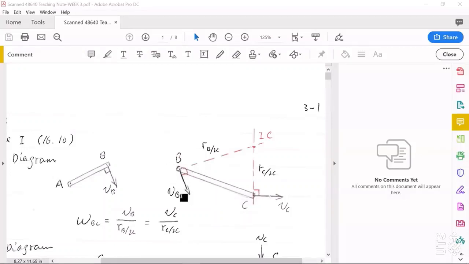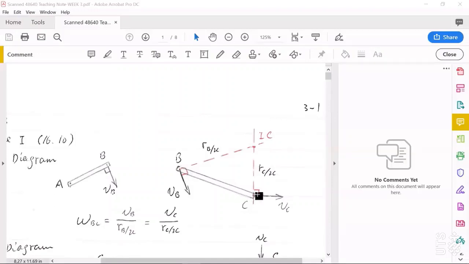We can't find enough information to determine the velocities of any points on this rigid body. But B and C, these two points, are pin connection points. So for point C, because this is the pin connection point between BC and piston C, for piston C, it's undergoing translation, rectilinear translation.